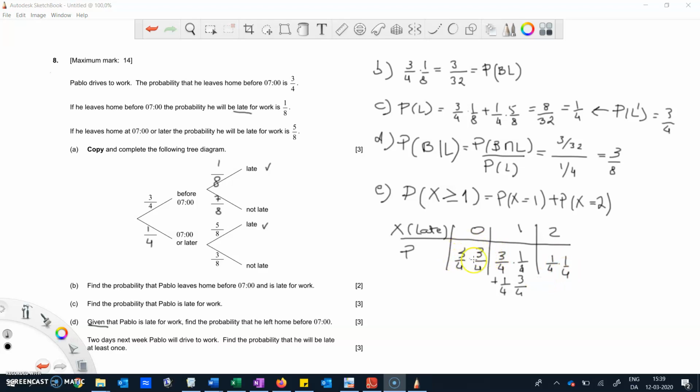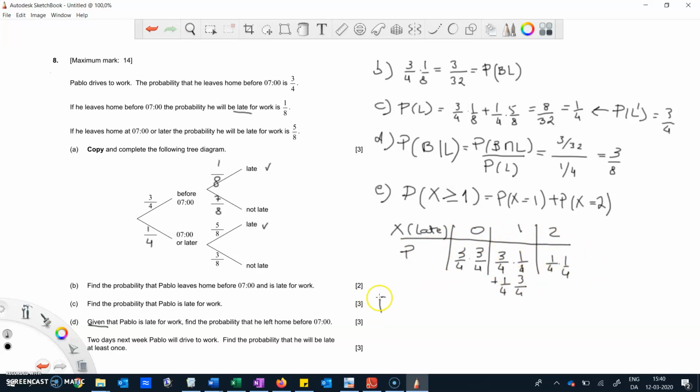Now notice that if we sum up these probabilities, we have 3 times 3 in the numerator, 9, plus 3, 12, plus 3, 15, plus 1, 16. 16/16. So the total probability is what it should be, equal to 1.